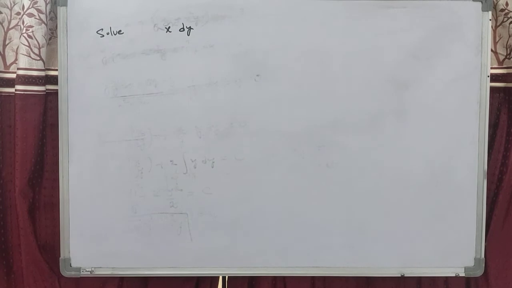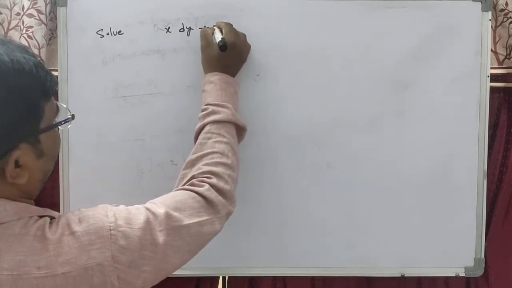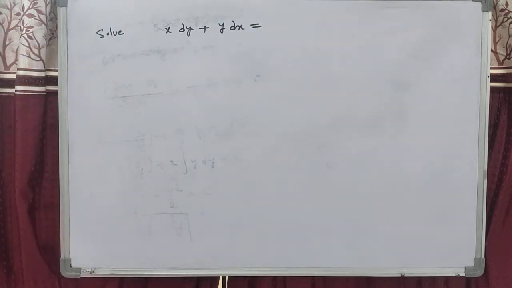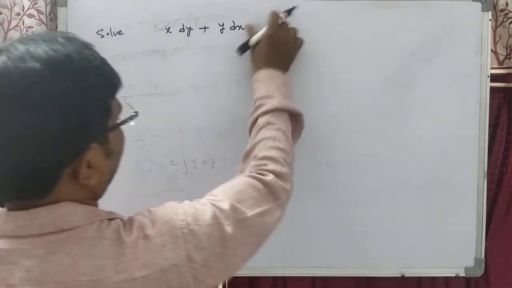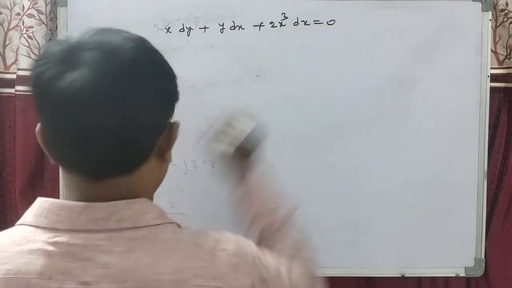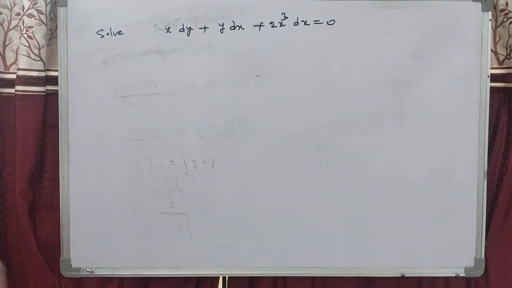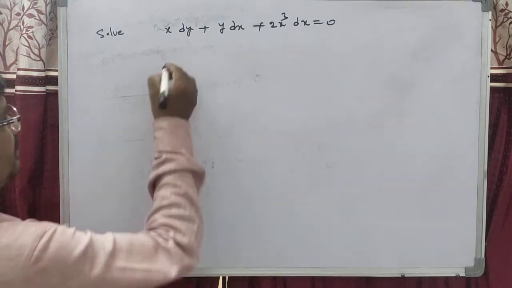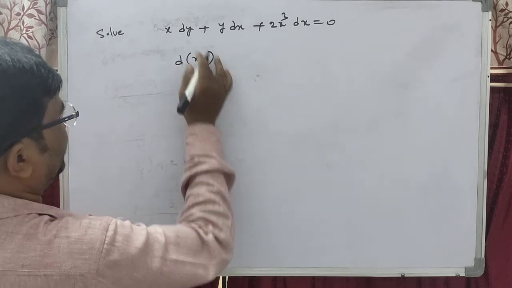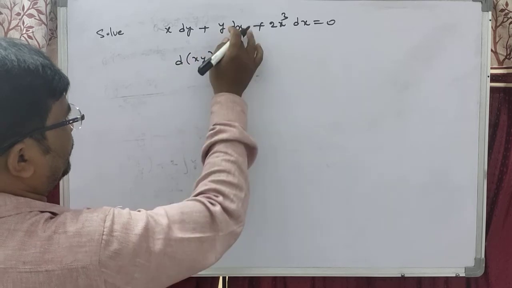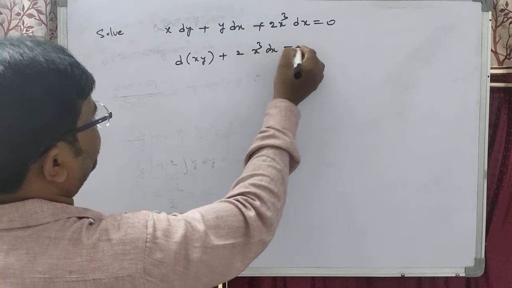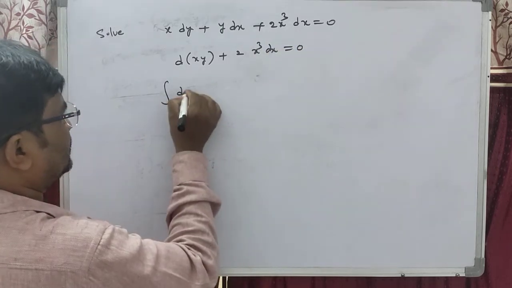Dear students, one of the very easiest ones: x dy plus y dx equal to 2x cube dx. My dear students, how can you write? It is very easy. This is the derivative of xy: x into the derivative of y, dy, plus y into the derivative of x, dx, equal to 2x cube dx. Now we can apply the integrals.